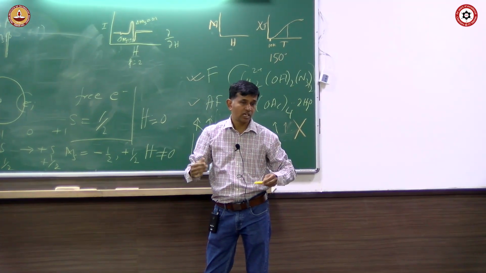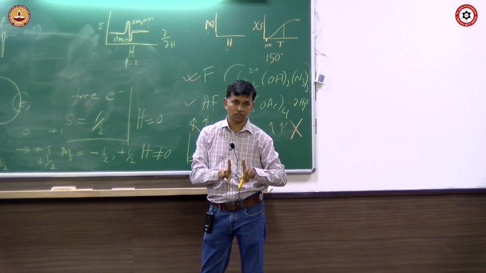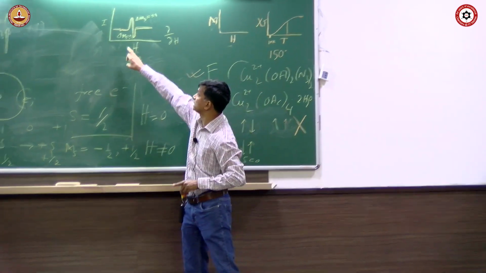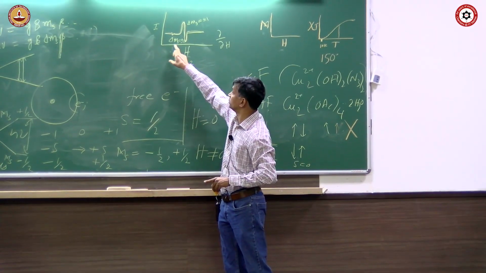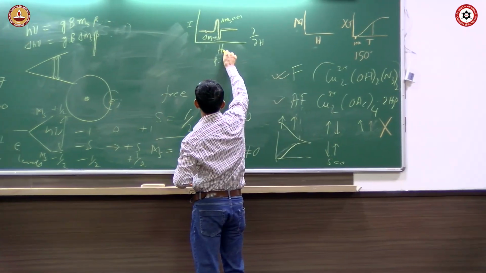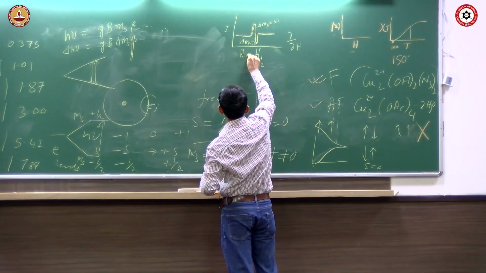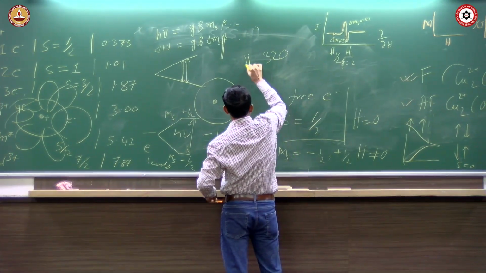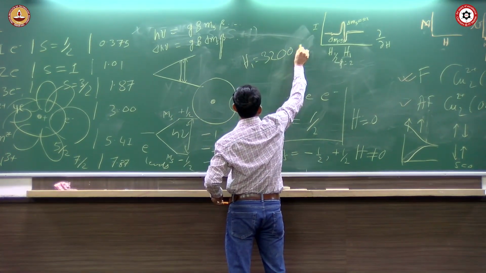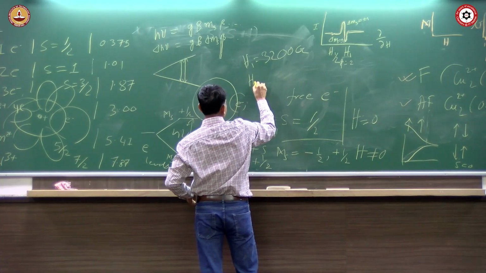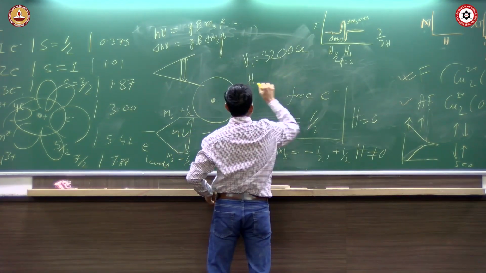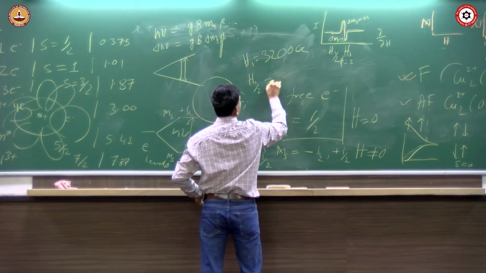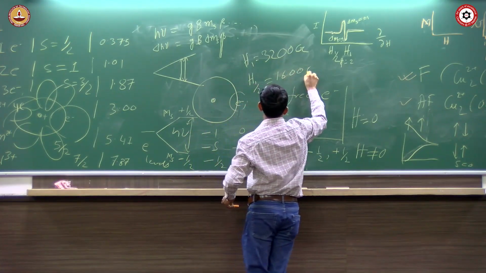Any triplet species having two electrons parallel to each other will produce a signal at the field half of this. So if it is H1, this will be H1 by 2. Suppose I get a signal at H1 equal to 3400 Gauss, then this signal will come at H1 by 2, around 1600 Gauss, okay.